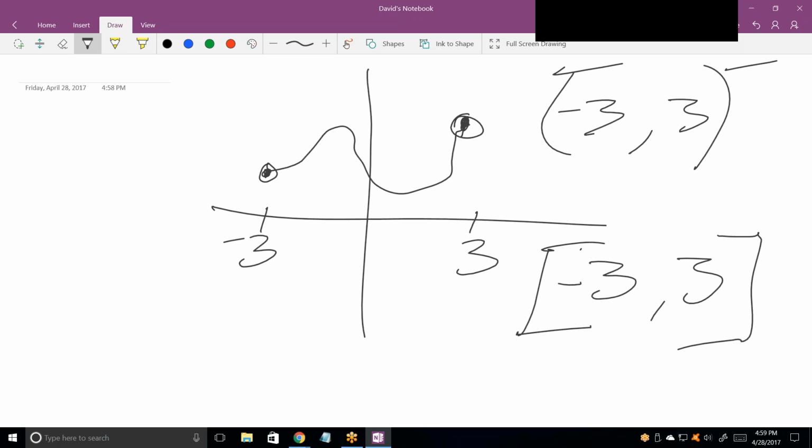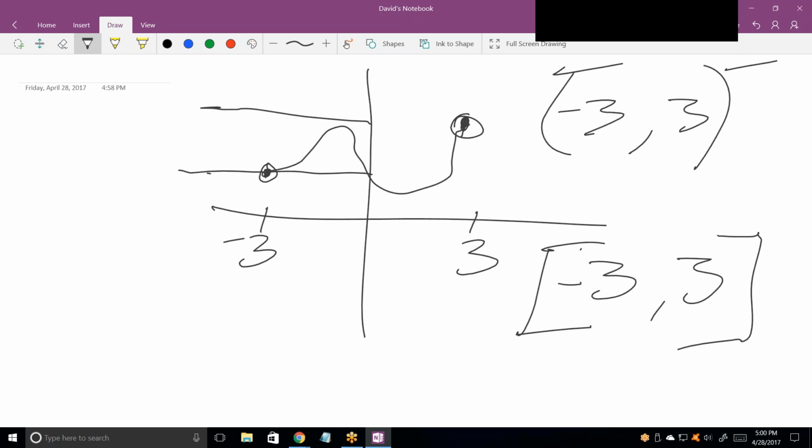Correct. And parentheses always go around infinities. You can never have a bracket around an infinity. Right, of course. Because that indicates that it's a number, and it's not. It's a concept. And so the range is on the y-axis. Correct. In this graph I've drawn right here, the range is between my 2 horizontal lines.